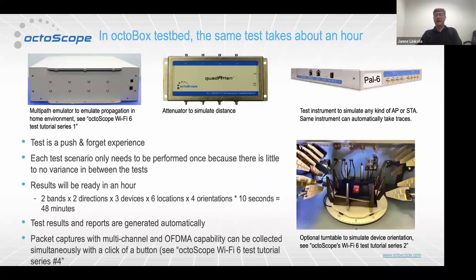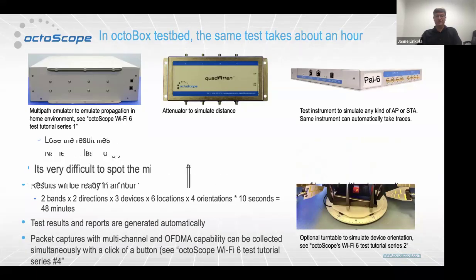Now, compare that to doing the same type of characterization in a testbed, right? We have software controllable instruments. We have instruments that can look like access points, and can look like different kinds of stations.